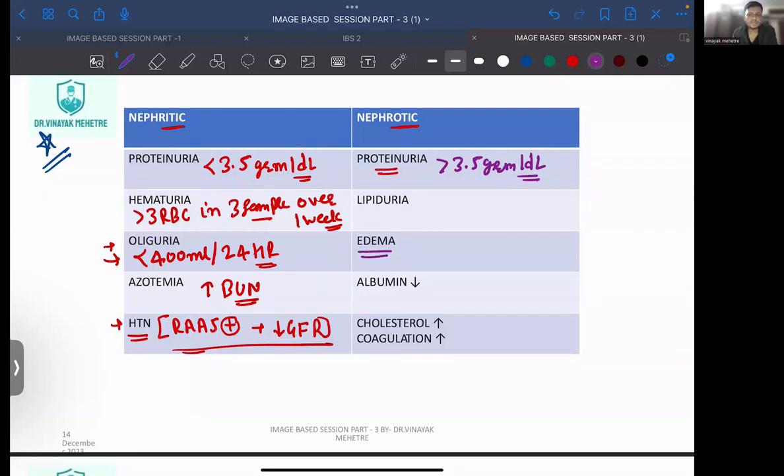Albumin is decreased, that is called as hypoalbuminemia. Cholesterol is increased, is called as dyslipidemia. Coagulation is increased. You can remember this by the mnemonic protein.